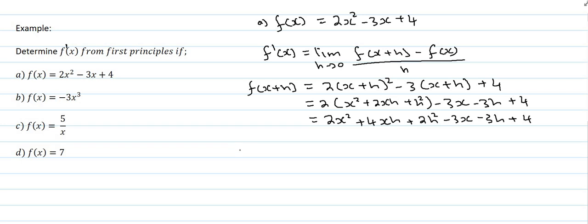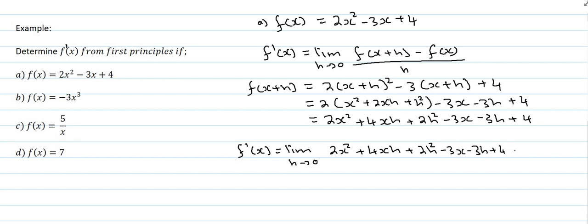We are going to say f prime of x is given by the limit as h approaches 0. What is f of x plus h? We have simplified, it is 2x squared plus 4xh plus 2h squared minus 3x minus 3h plus 4, minus f of x, which is in open brackets so that we'll be able to distribute the negative sign.